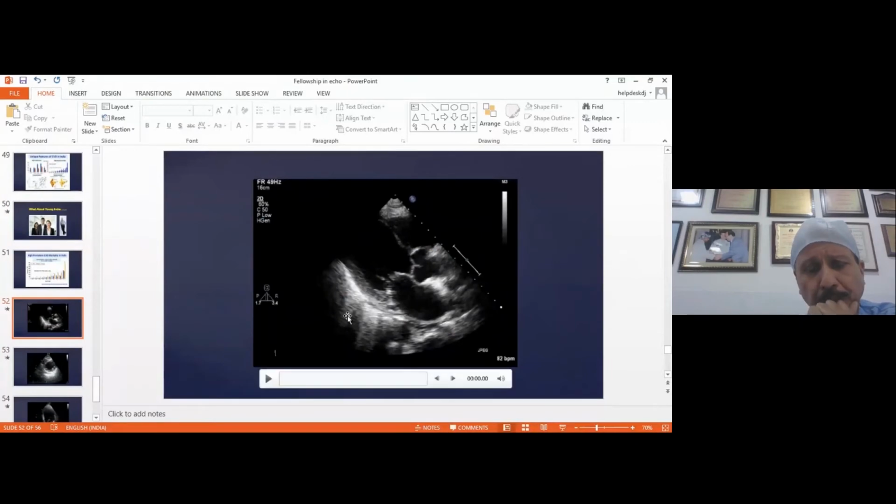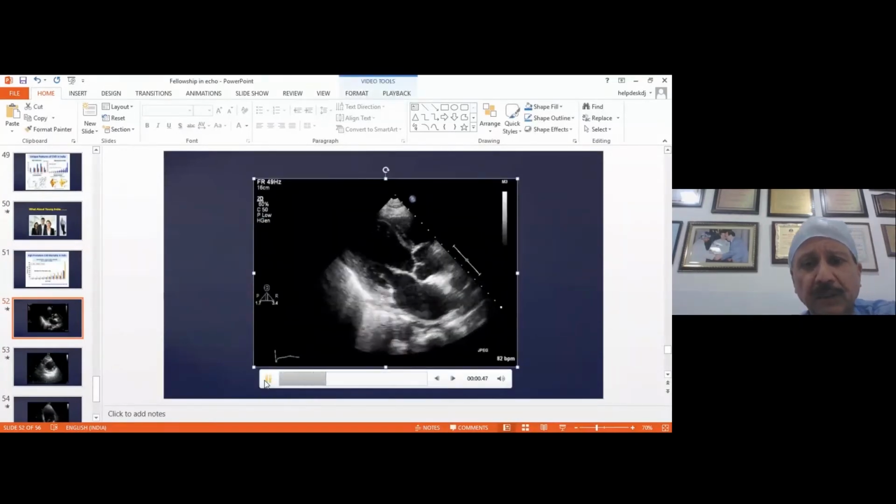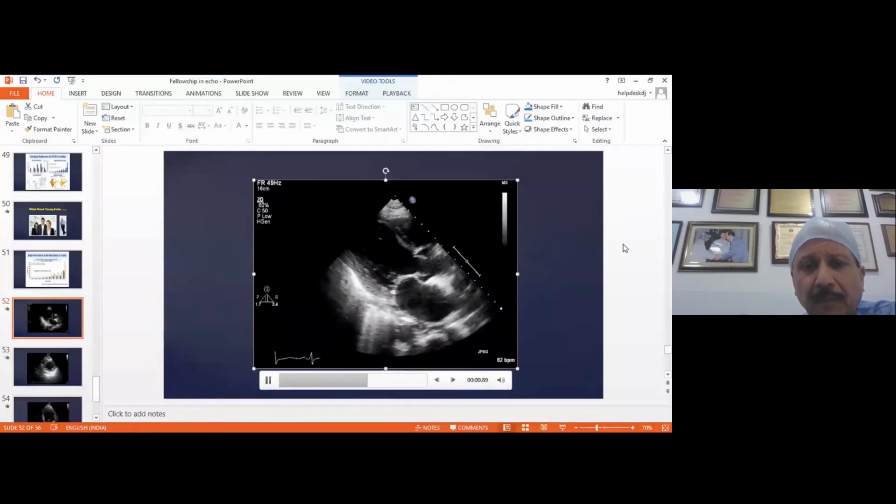Just by the use of echocardiography, not only for early detection, but also picking up wall motion abnormalities, you can diagnose that the patient has coronary artery disease, acute MI, or non-STEMI. All these things can be picked up by echocardiography.